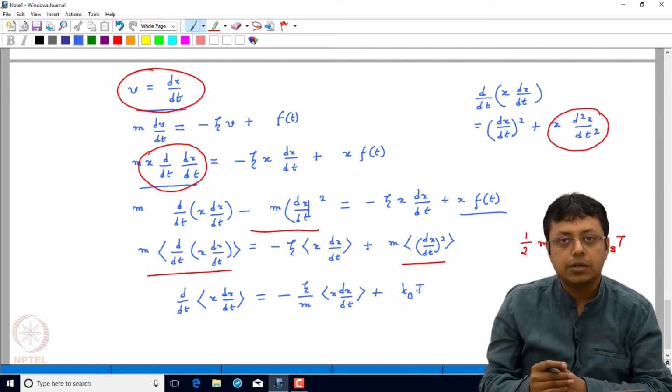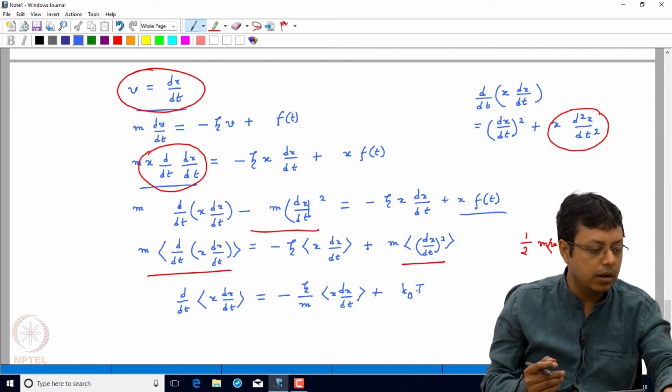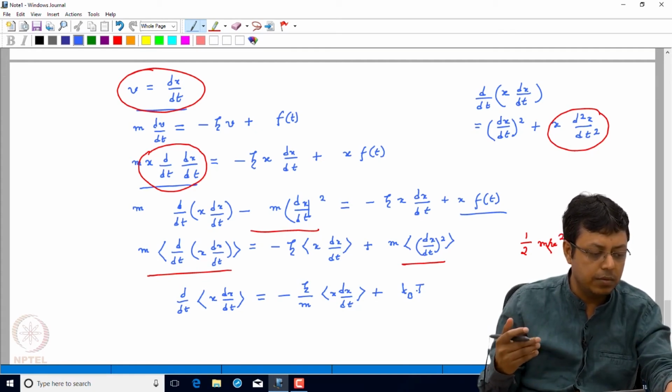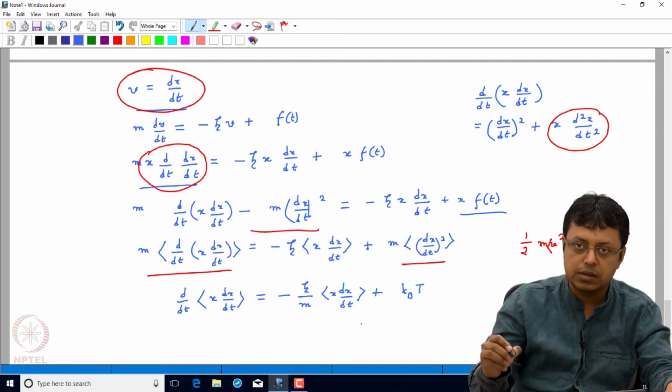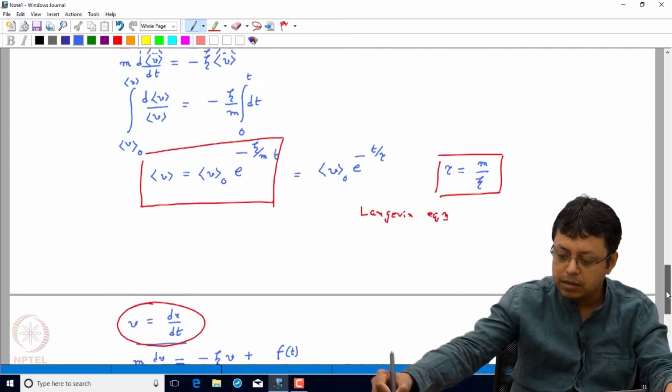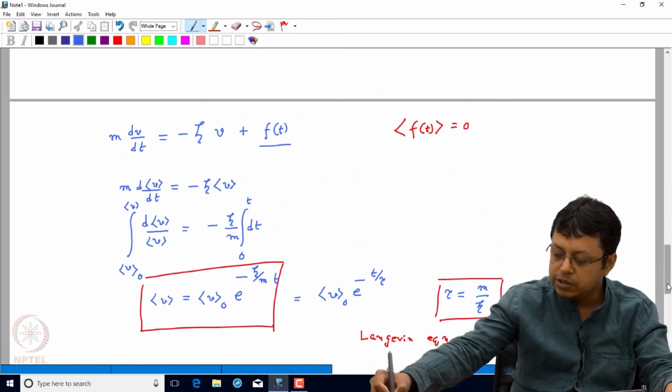Now this equation we can actually solve. The x into dx/dt part we actually solved earlier, which we already figured out from the Langevin equation.